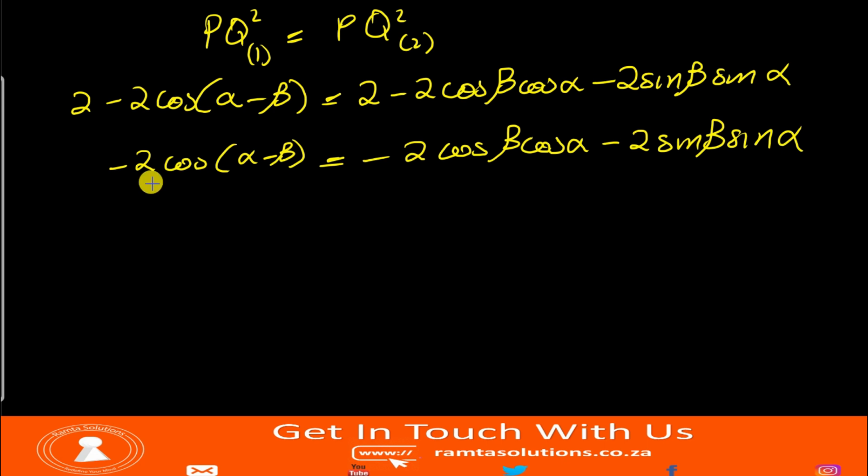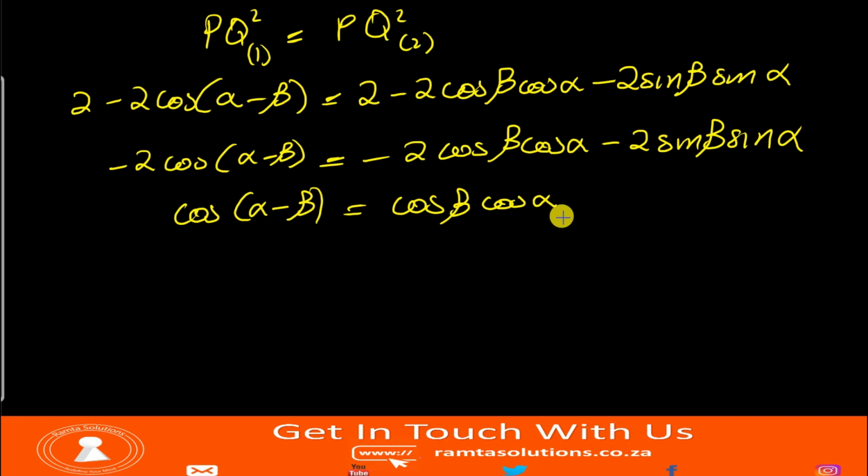Now, dividing by negative 2 throughout, we will be left with cos alpha minus beta, negative divided by negative is positive, cos beta cos alpha.